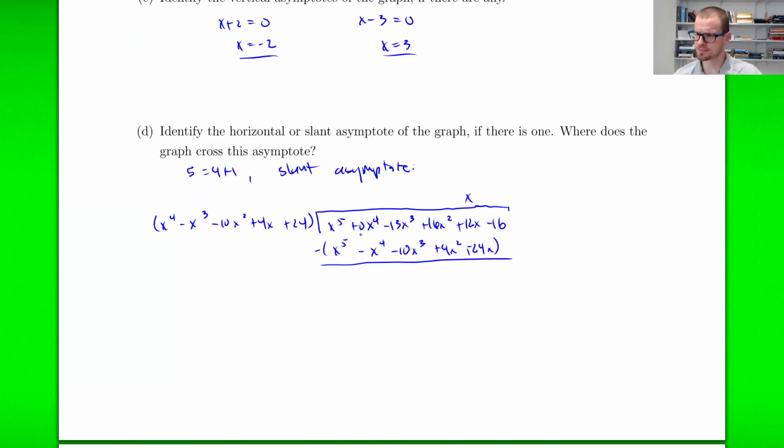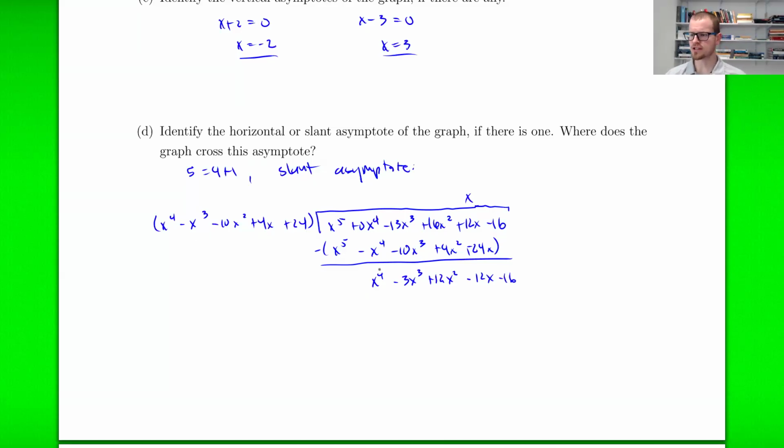Perform the subtraction here. X to the fifth minus x to the fifth gets rid of the x to the fifths. Wonderful. 0 minus a negative 1 is a positive 1, x to the fourth. Negative 13 plus 10 is a negative 3. 16 minus 4 is 12. 12 minus 24 is a negative 12. And we still have the negative 16 here.